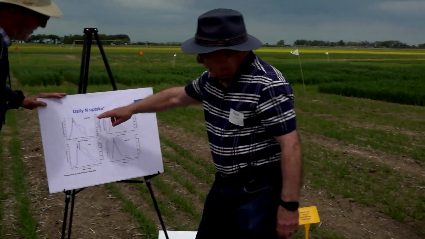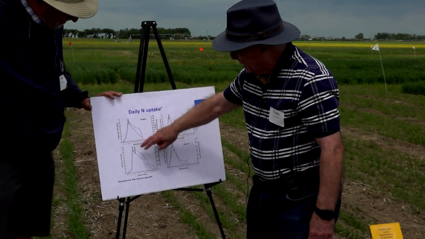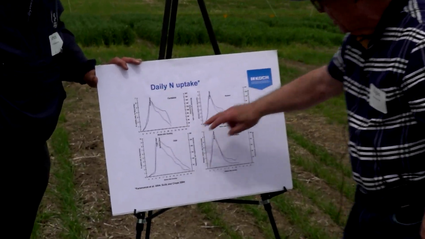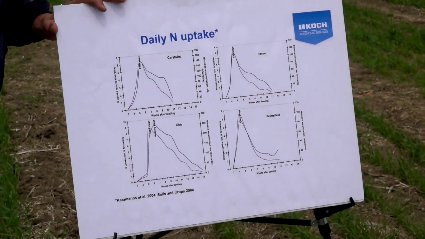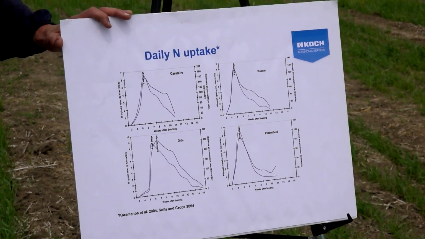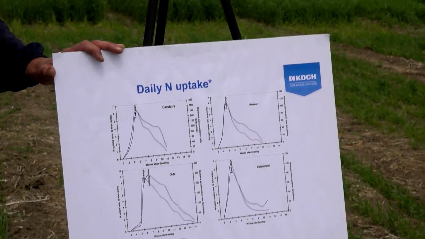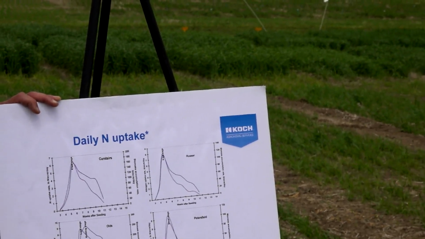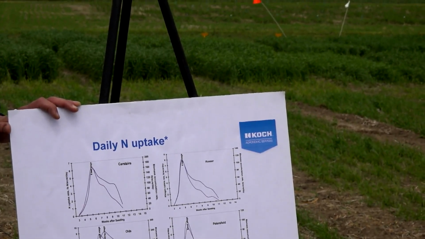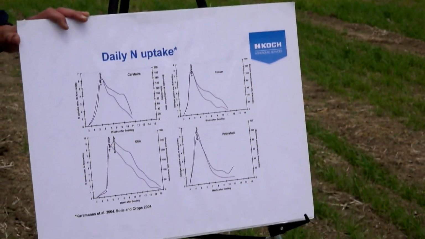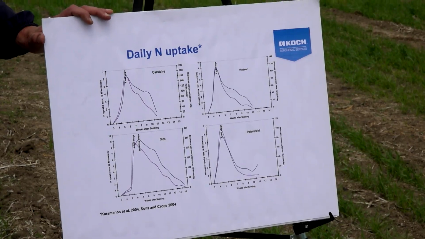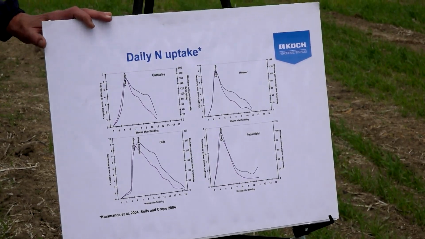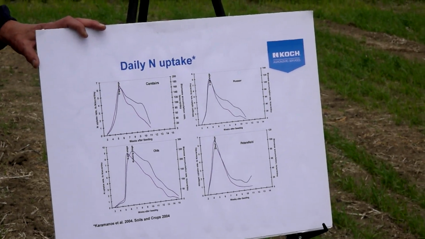These 2 sites are in Alberta, Carstairs and Olds, and these 2 sites are in Manitoba. What is really important, the one line represents the buildup of plant mass, and the other line represents the uptake of nitrogen.